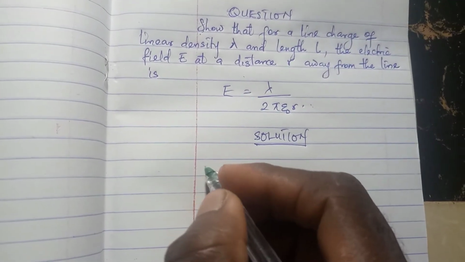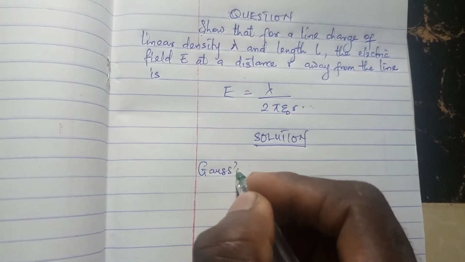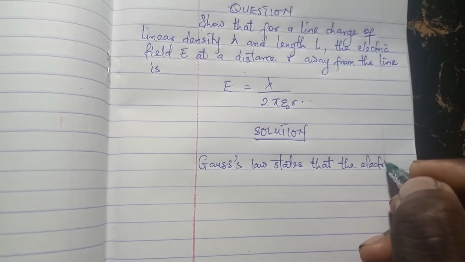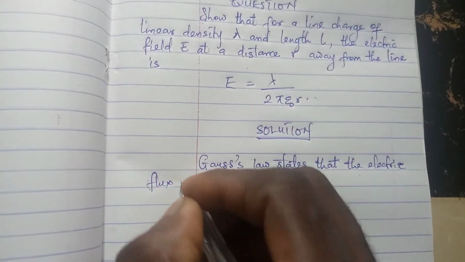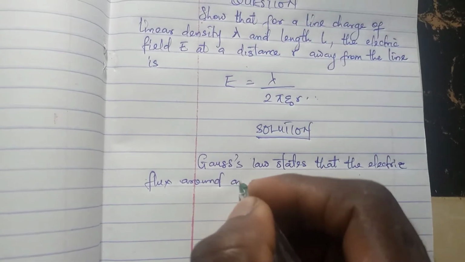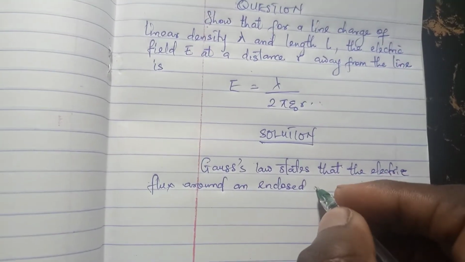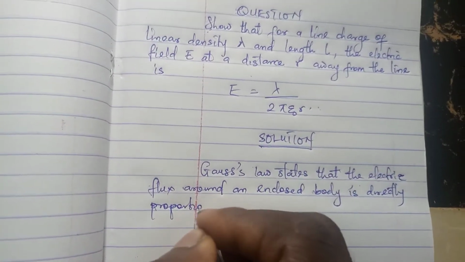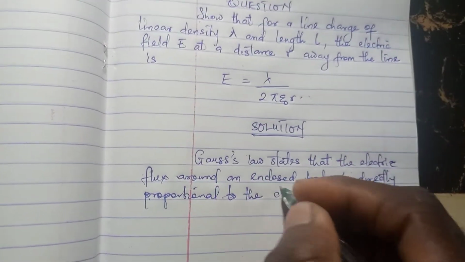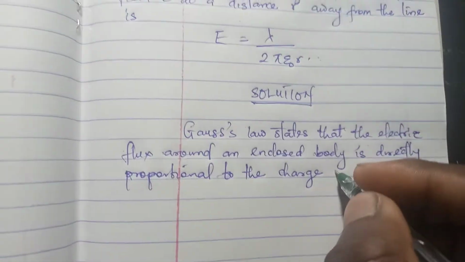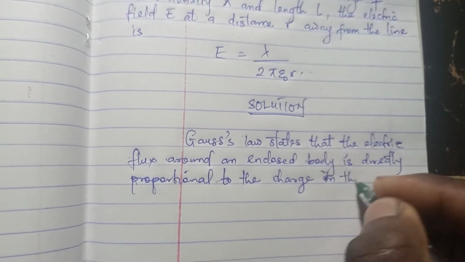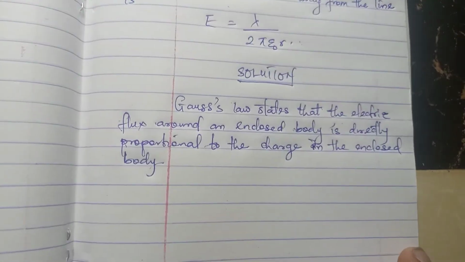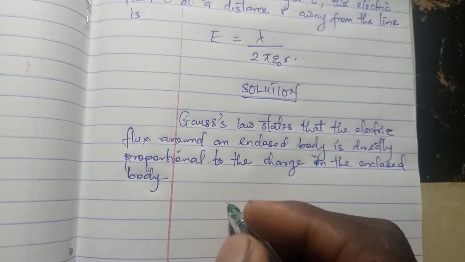So we say Gauss Law states that the electric flux around an enclosed body is directly proportional to the charge in the enclosed body. So this is just a general way of stating the Gauss Law, but formula wise we can see.